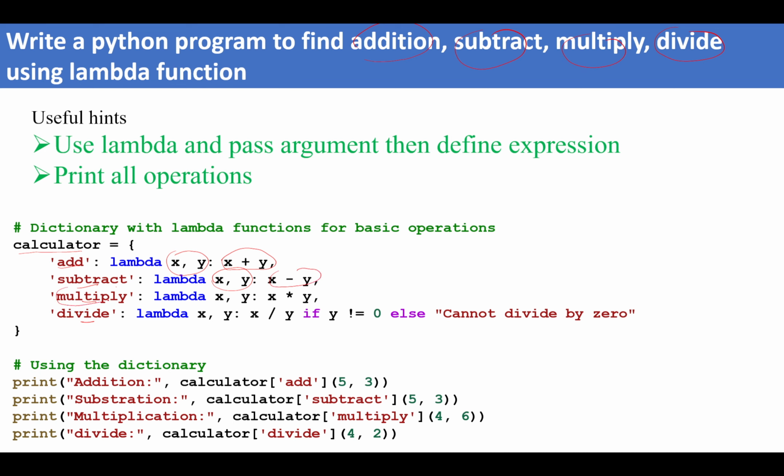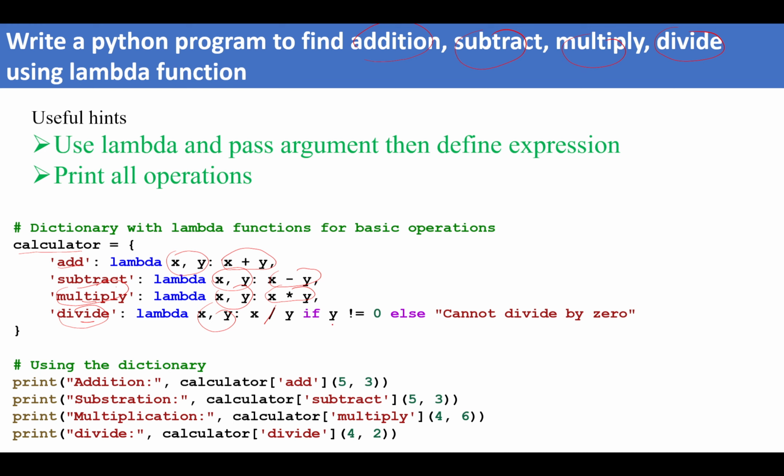Then we go for multiplication, again using two variables, and the multiplication syntax is written here as a star. Then we go for the division operation, again with two variables, and this is divide.